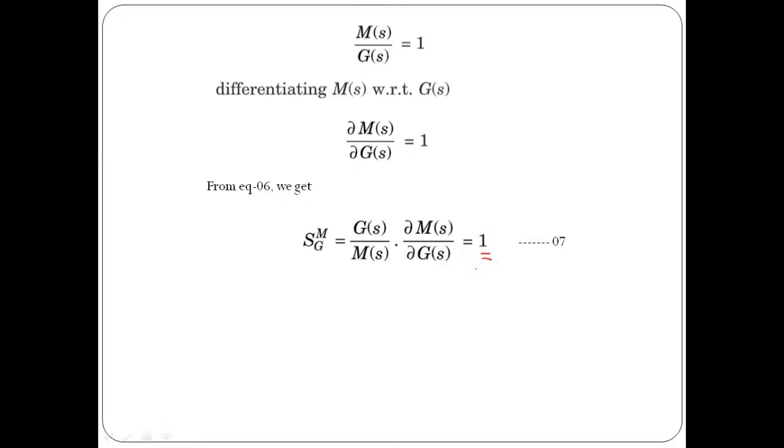This is very important. 1 is the highest possible value. That's why we can say that open loop control systems are highly sensitive, and this we don't want. We want to minimize this factor. We don't want our system to be sensitive, but this is not the case in an open loop control system. They are highly sensitive, that's why their value is 1.